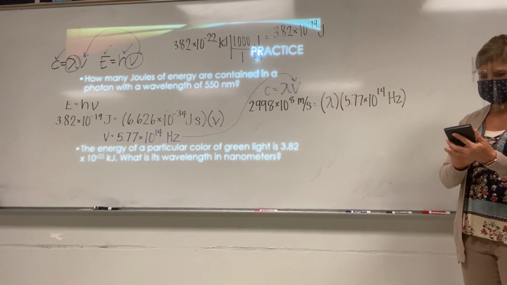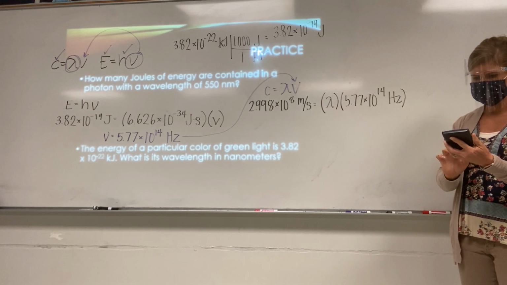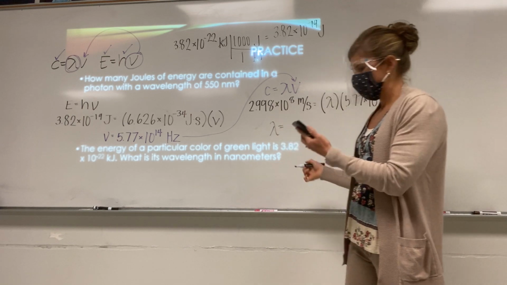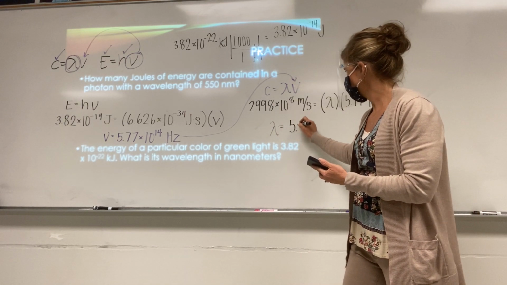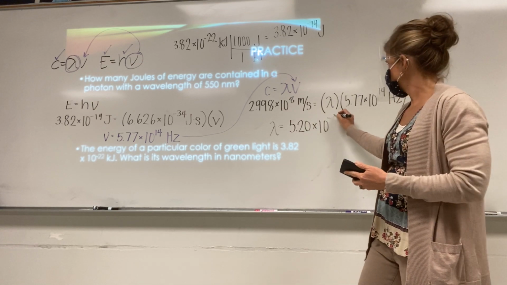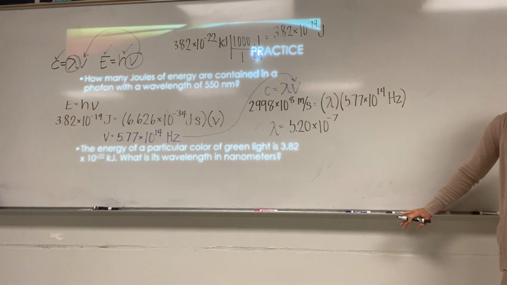Yes, so divide the speed of light by your frequency, and you should get the wavelength equal to, I got 3 sig figs, 5.20 times 10 to the negative 7th. What are my units for wavelength? Meters.